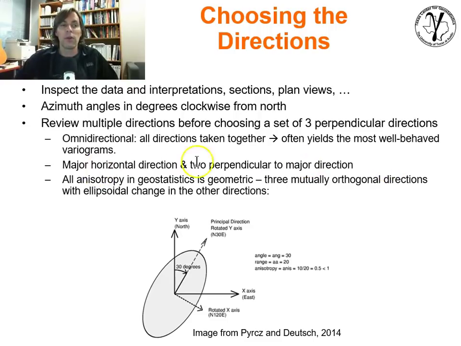You try to see whether or not you're able to actually calculate variograms in those different directions that are consistent with each other. Then, if you can detect directionality, anisotropy, within your phenomenon, you're going to model all 3 of those orthogonal directions, and you're going to assume a geometric model of anisotropy at all other directions in between.